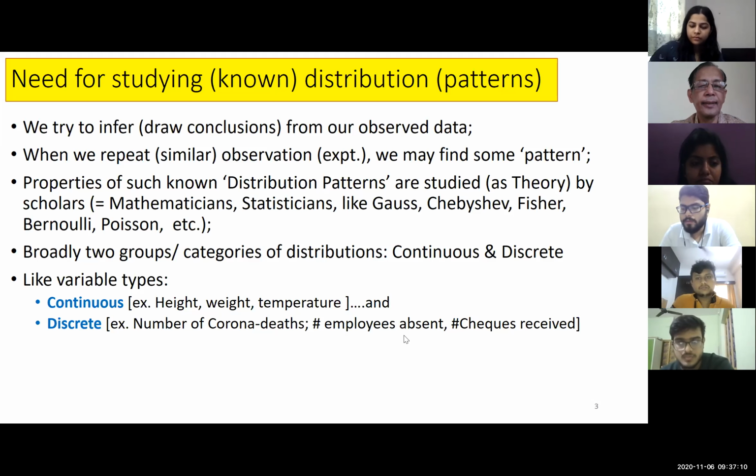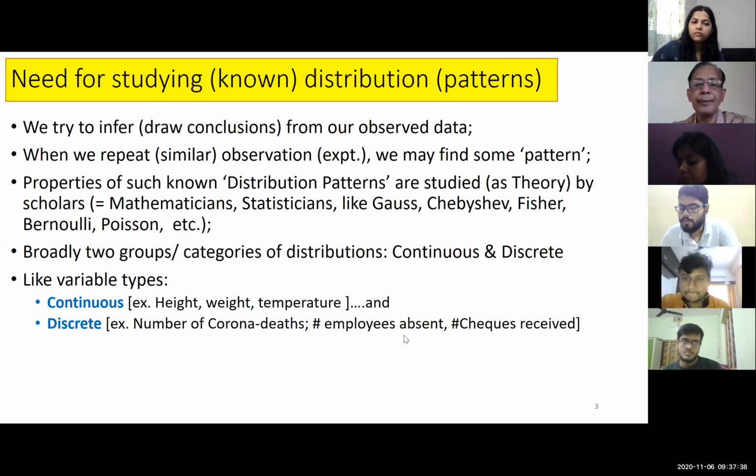I think I have cited an example here. So accordingly, if a distribution follows a continuous variable, that distribution will be called continuous distribution. And if a variable is discrete, the corresponding distribution will be called discrete distribution. Like, for example, the number of students absent today. It will be a whole number always, right?